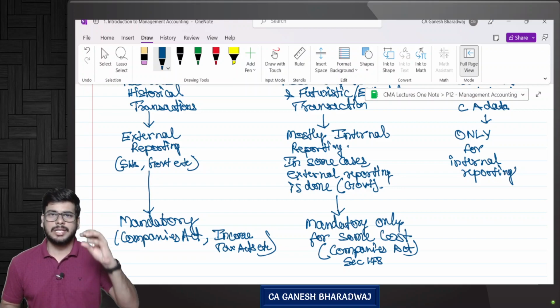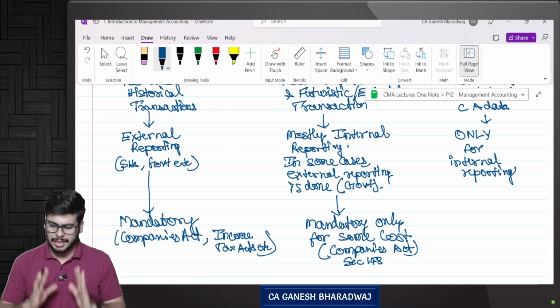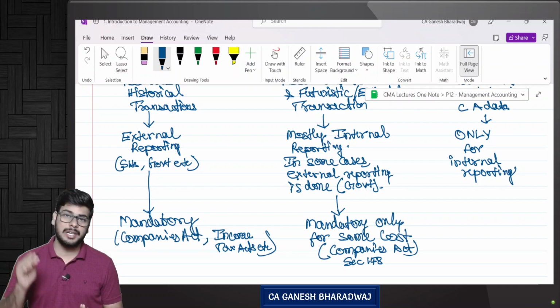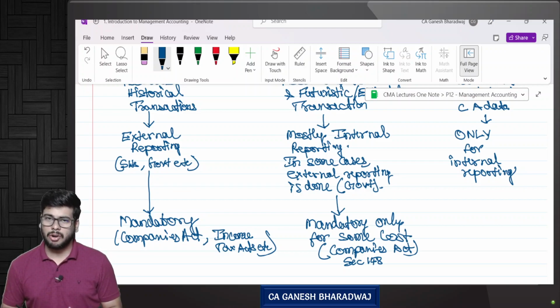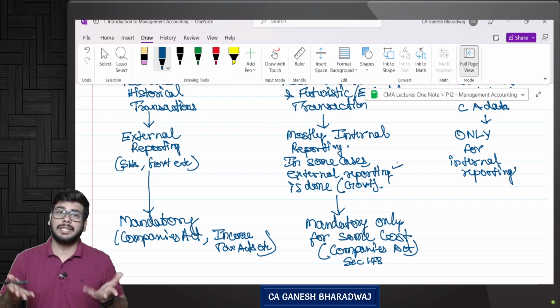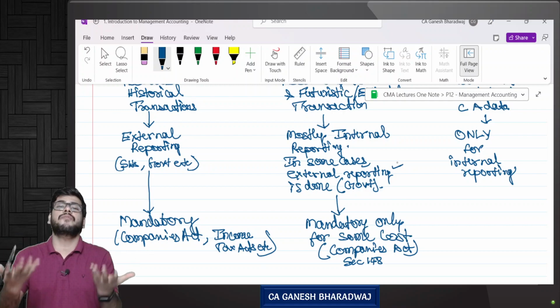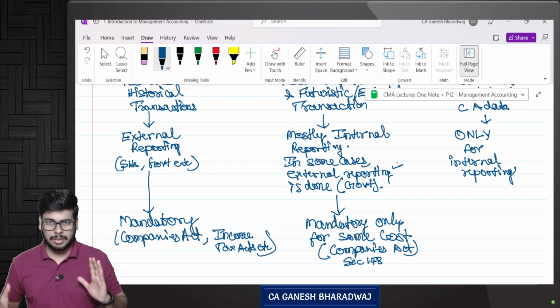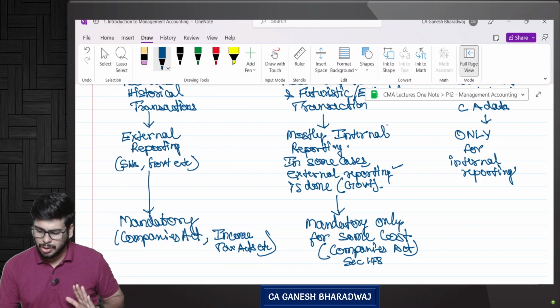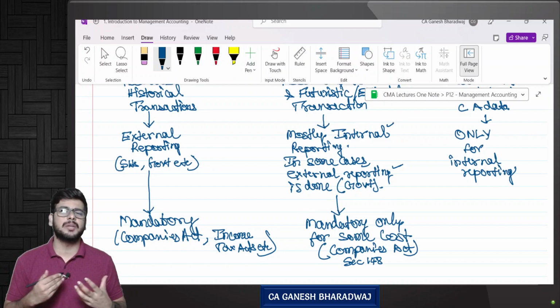It will list the specific manufacturing and mining related companies that need to maintain cost accounting data. So only those companies that are mandatorily required to maintain costing data will make an external reporting to the government. Other companies who are voluntarily following cost accounting records, those companies will only do an internal reporting. Internal reporting means what?